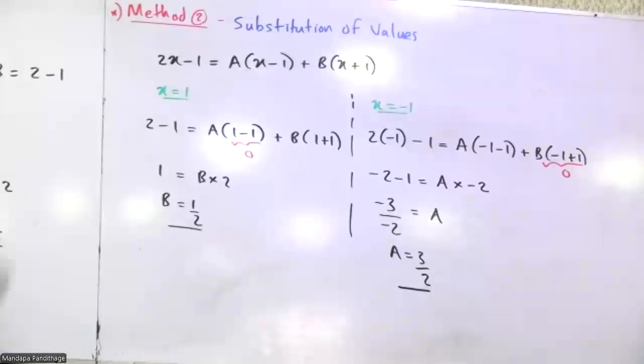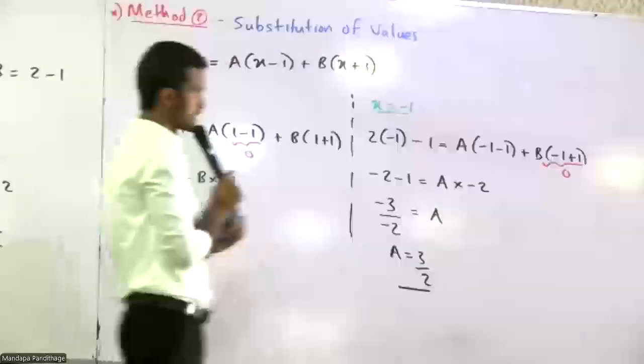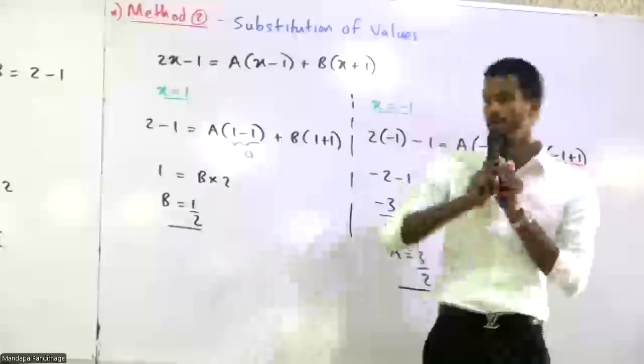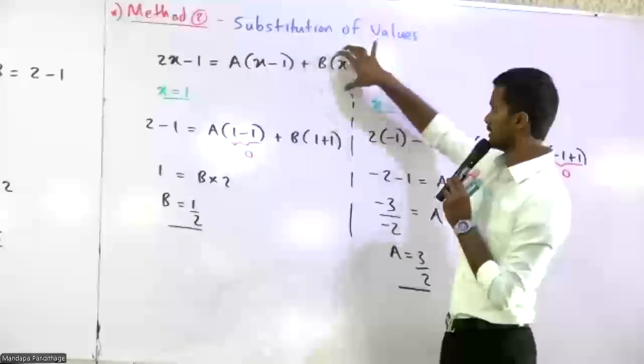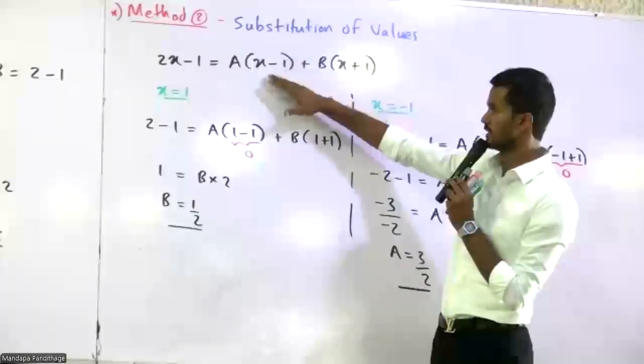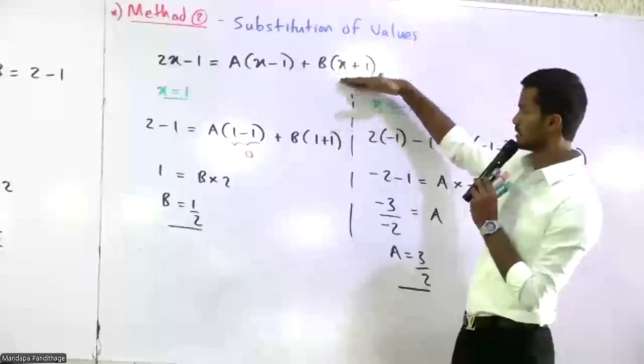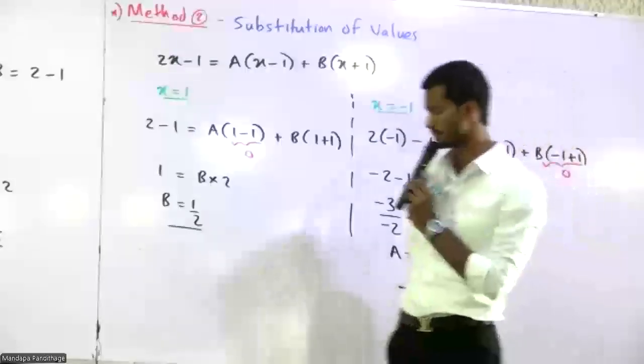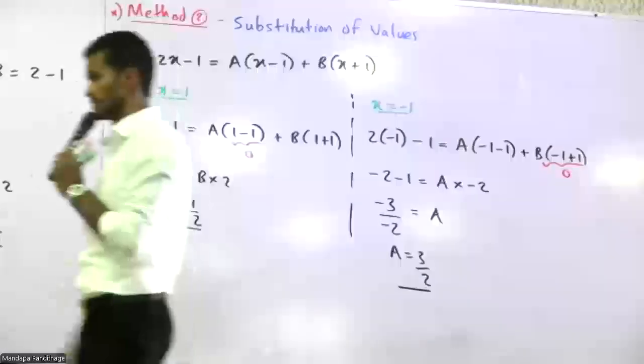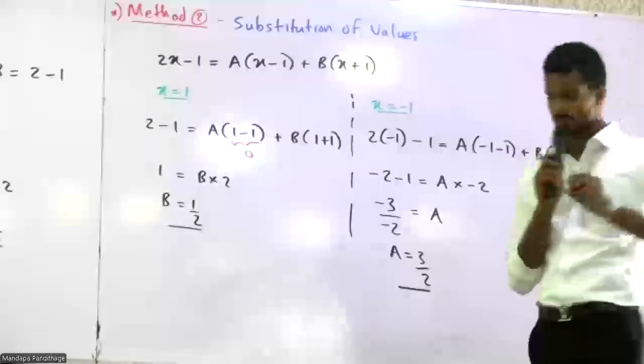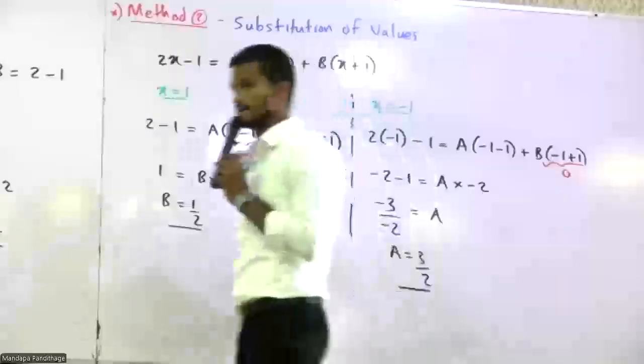Okay, so write the second method, method 2, substitution of values. Here we know that we substitute values such that each of these factors becomes 0. So at x equals 1, this becomes 0. At x equals minus 1, this becomes 0. So for method number 2, what are the values that we are selecting here, especially newcomers?